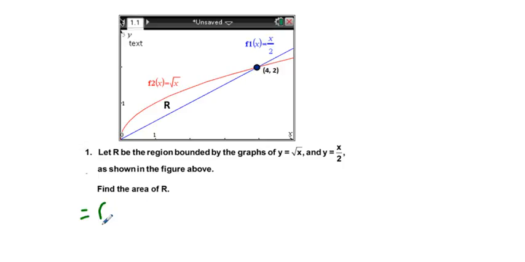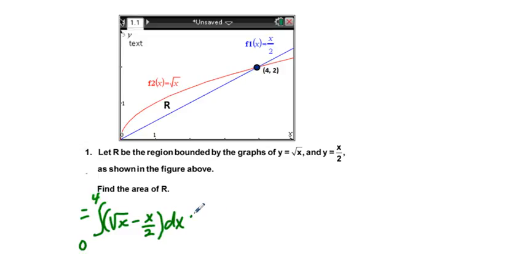That's going to be the integral from x equals 0 to x equals 4 of, we take the top function, which is square root of x, minus the bottom function, which is x over 2, and it's going to be dx.